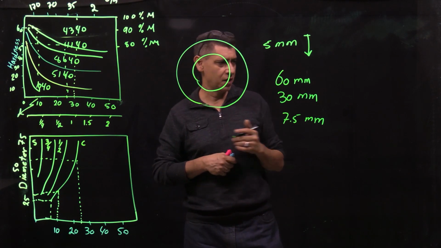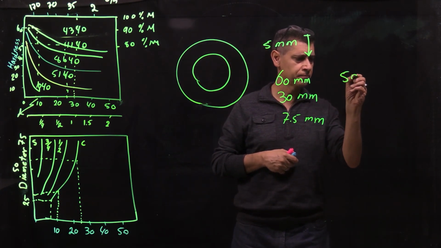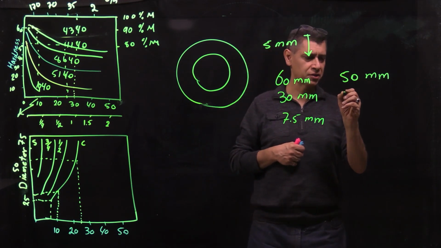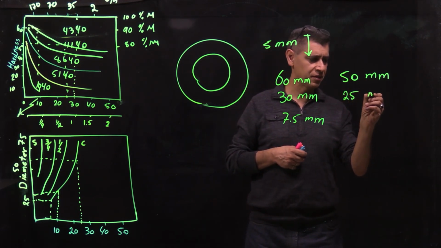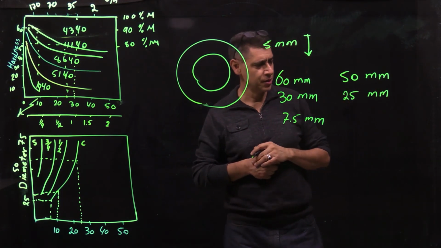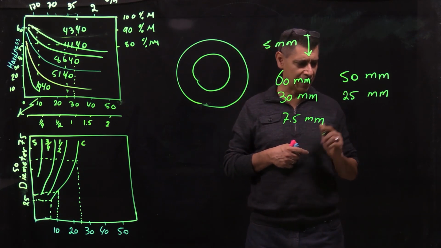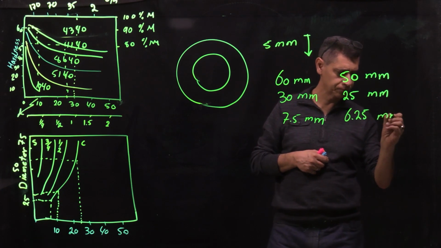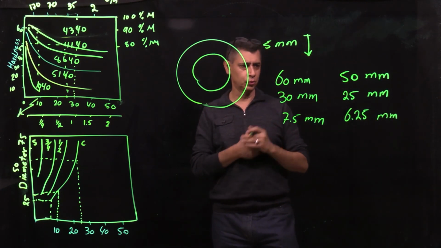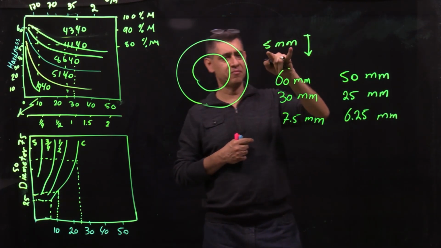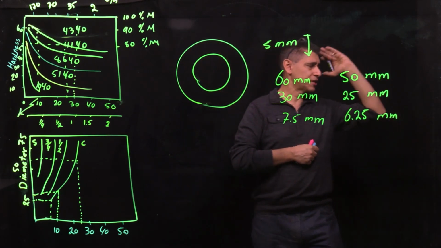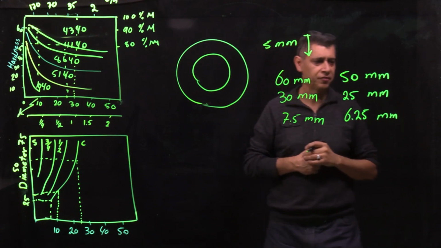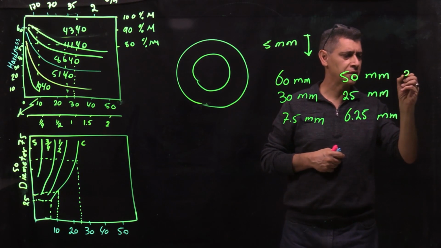If the diameter is 50, obviously things are different. In this case, the radius would be 25 millimeter, and a quarter of that would be 6.25 millimeter. So still, 5 millimeter below the surface is between the center and 1/4. But what if the diameter is 30 millimeter?